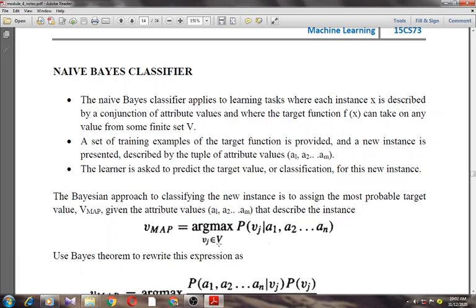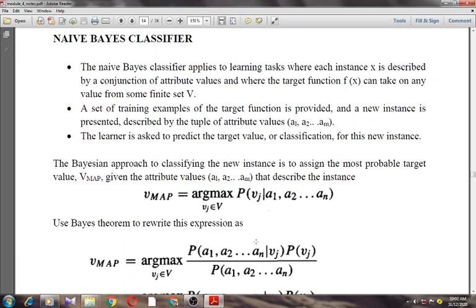Now we could attempt to estimate the two terms in this particular equation based on the training data.